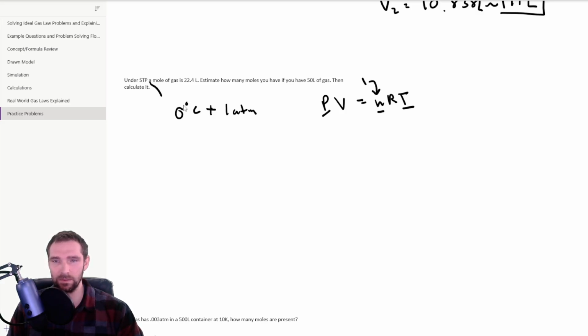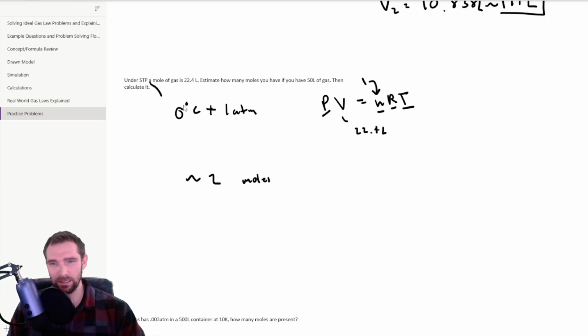And then when you have this conversion factor, it's going to end up being the 22.4 liters. So if I end up plugging in not 1, if I get 50, I think it's about 2. I would estimate at around 2 moles as a rough estimate.